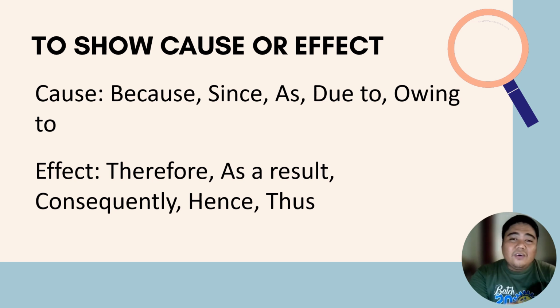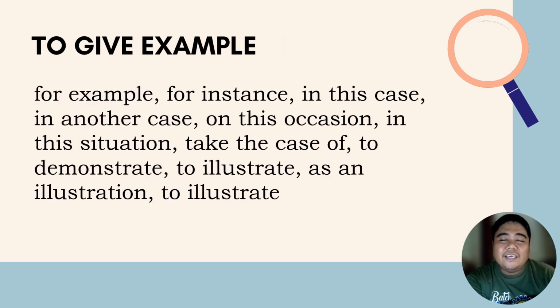Okay. We can also use the transitional devices to show cause or effect. In cause, we can use the following words: because, since, as, due to, owing to. For the effect, we can use therefore, as a result, consequently, hence, and thus. Okay?